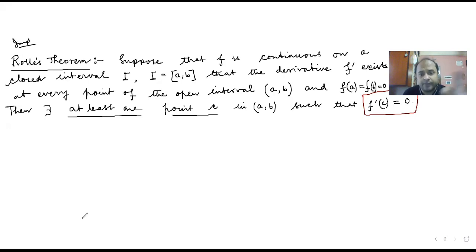The thing which is in front of you as Rolle's theorem is a kind of cooked product which has been placed in front of you. But try to imagine that you do not know about Rolle's theorem, and I ask you to study the maxima and minima of a particular curve. I have stopped giving you access to the internet, and you are confined in a domain where no internet and no book is available.